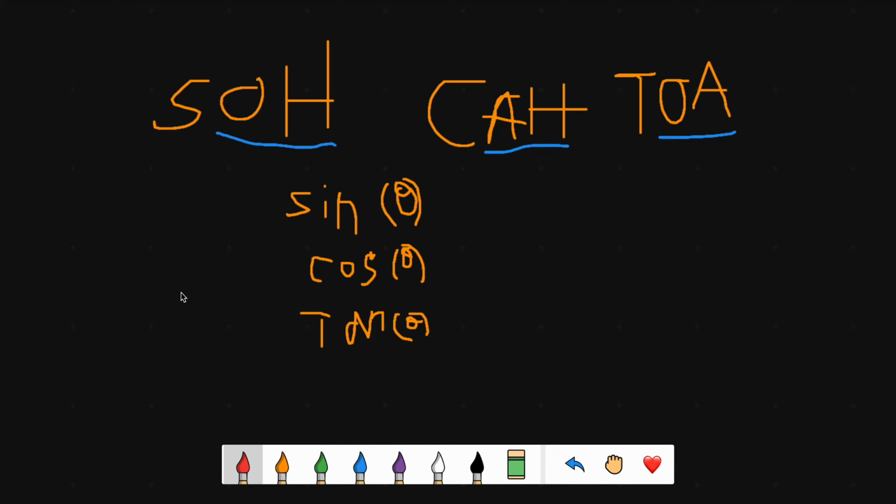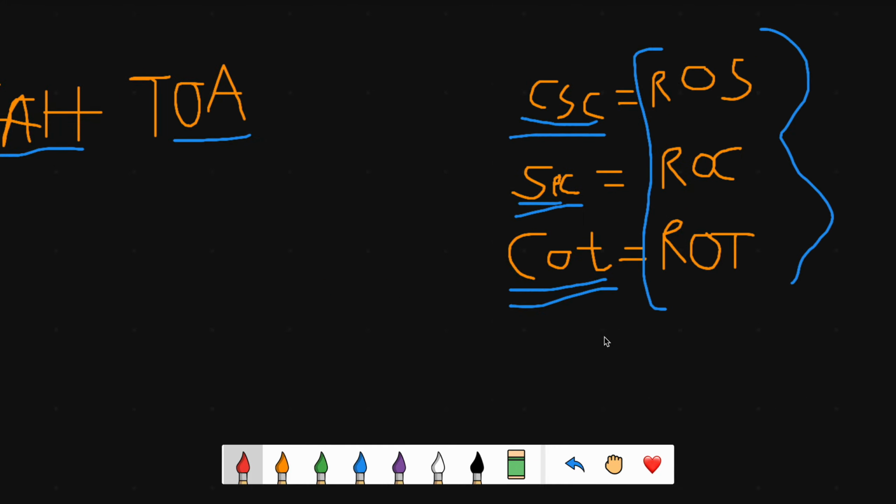S is opposite over hypotenuse, C is adjacent over the hypotenuse. T, which is tan, is the opposite over adjacent. So you're gonna learn more about it.